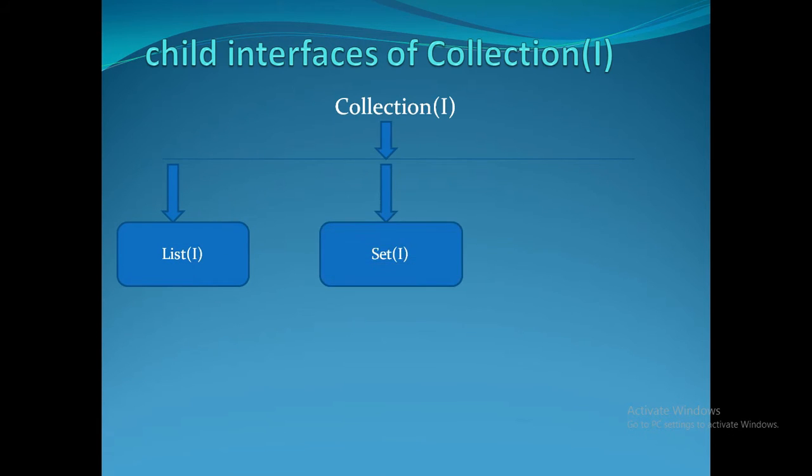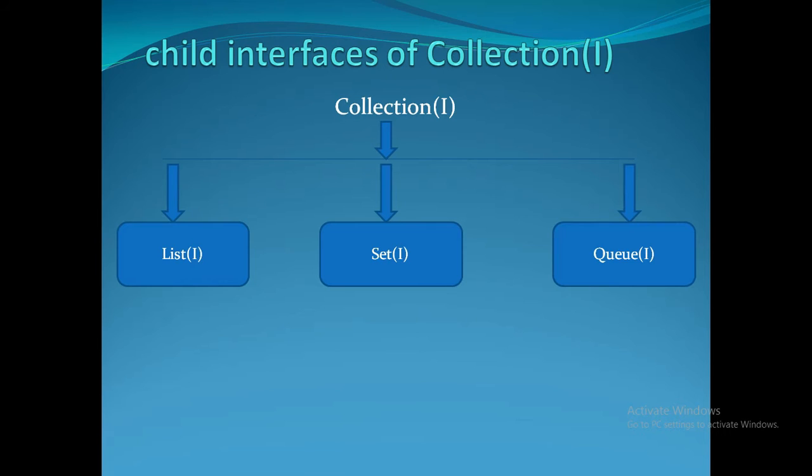So what are the child interfaces of the collection interface? The first one is the list interface, the second one is set, and the third one is queue. These are the three interfaces only: list interface, set interface, and queue interface.